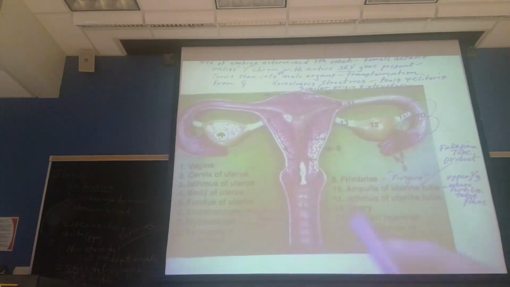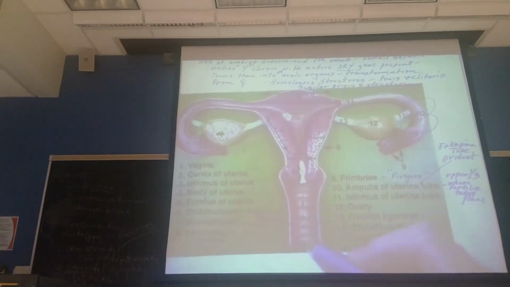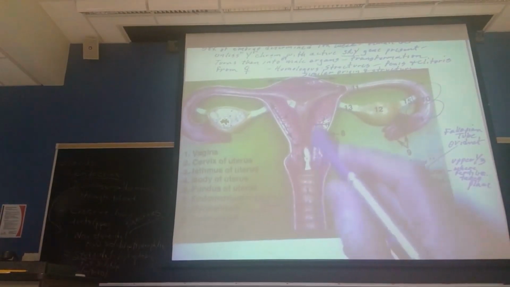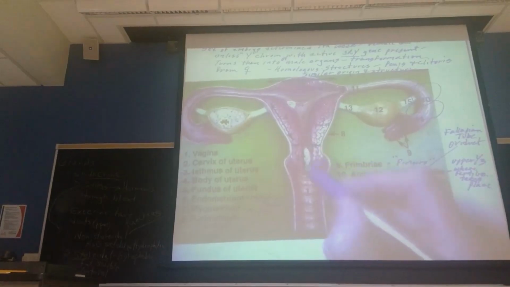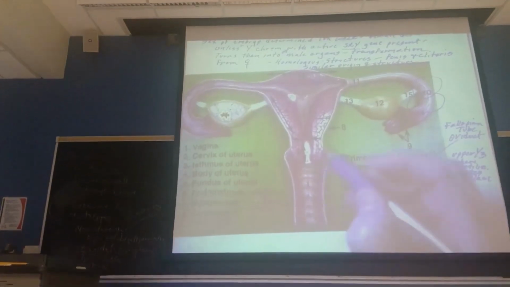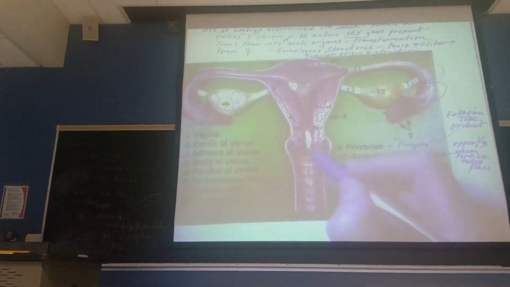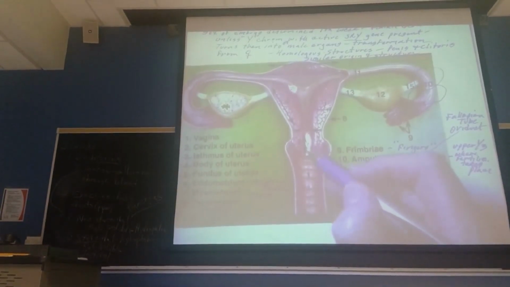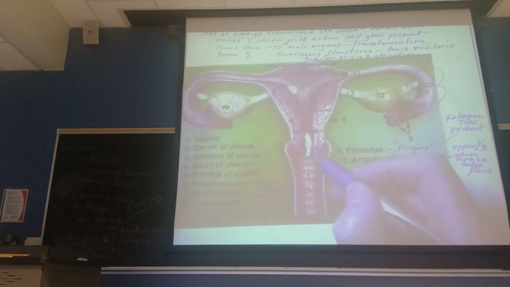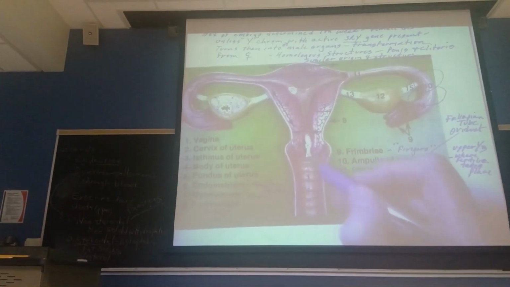This is the vagina down here. And this little part between the vagina and the uterus is the neck. The neck is called the cervix. So with cervical cancer, this is where, when they do pap smears, they take cells from this area to test to see if they're cancerous or not.